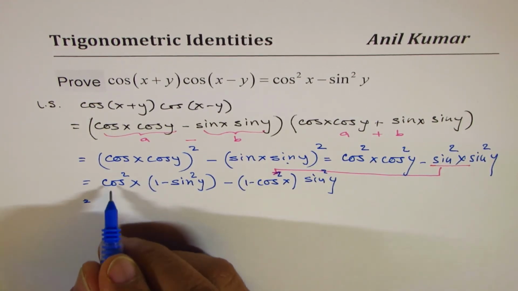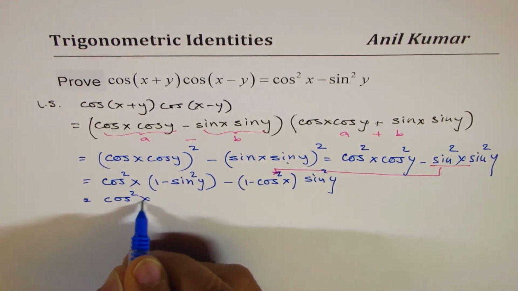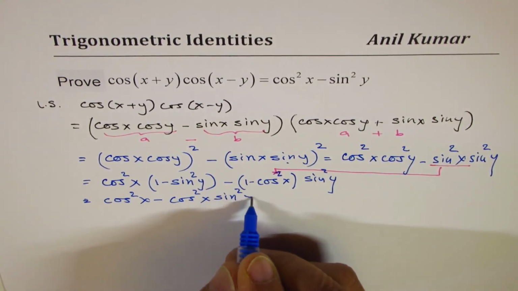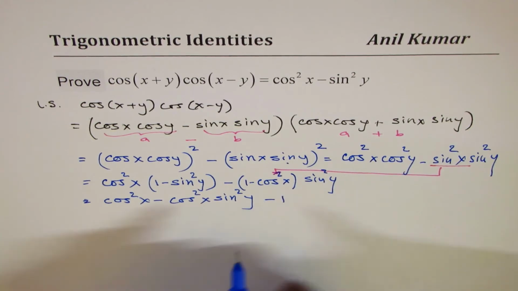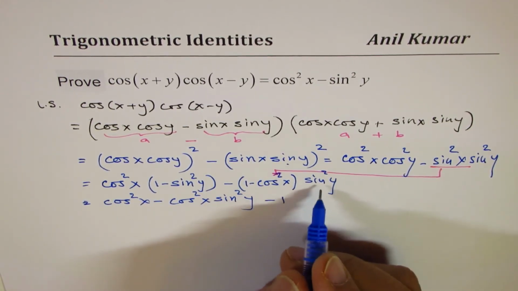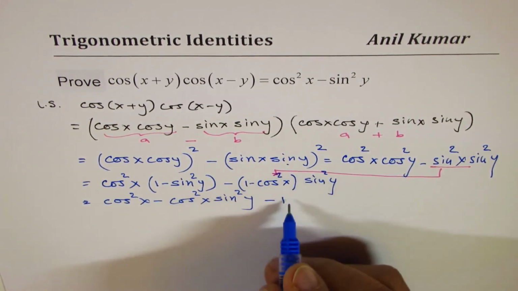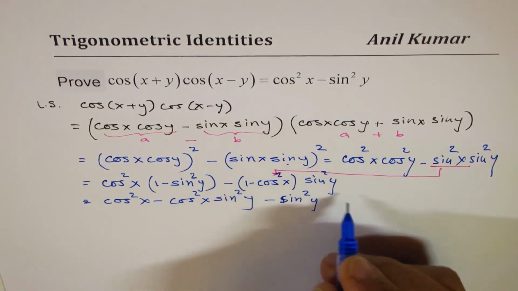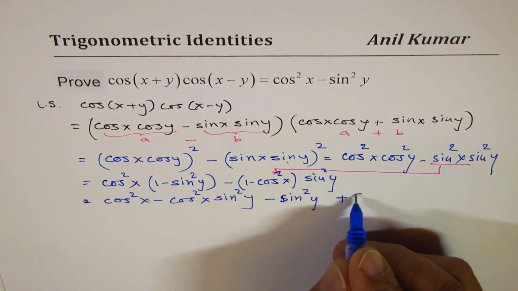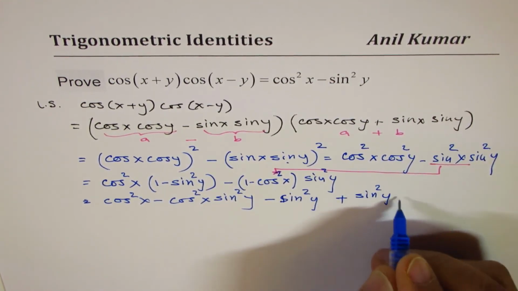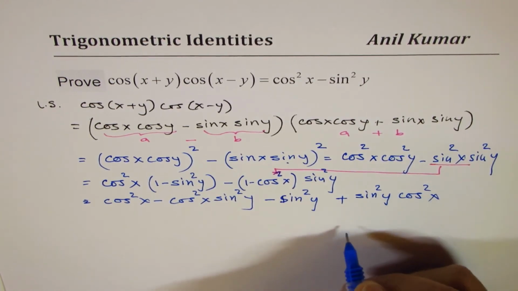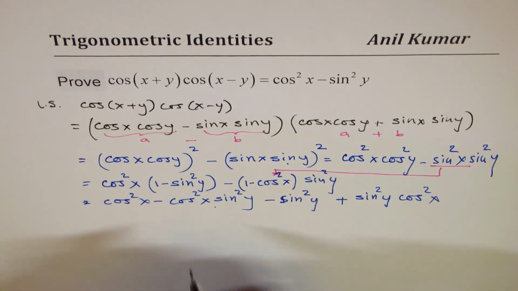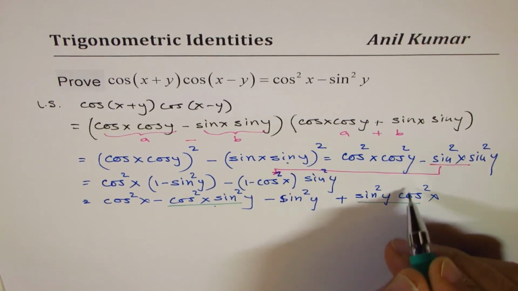So if you open the bracket, using the distributive property, you get cos square x minus cos square x sin square y. This is minus 1 and, I'm sorry, sin square y when you multiply by sin square y. So let me write this as minus sin square y, and minus minus becomes plus, so we get sin square y cos square x. Either way you could write. These two terms cancel off, correct? These two terms cancel. Perfect.